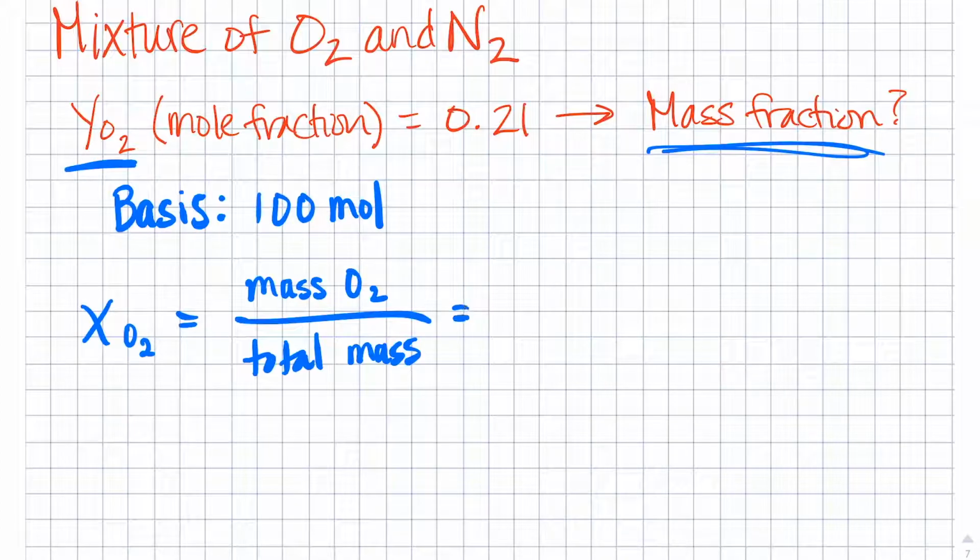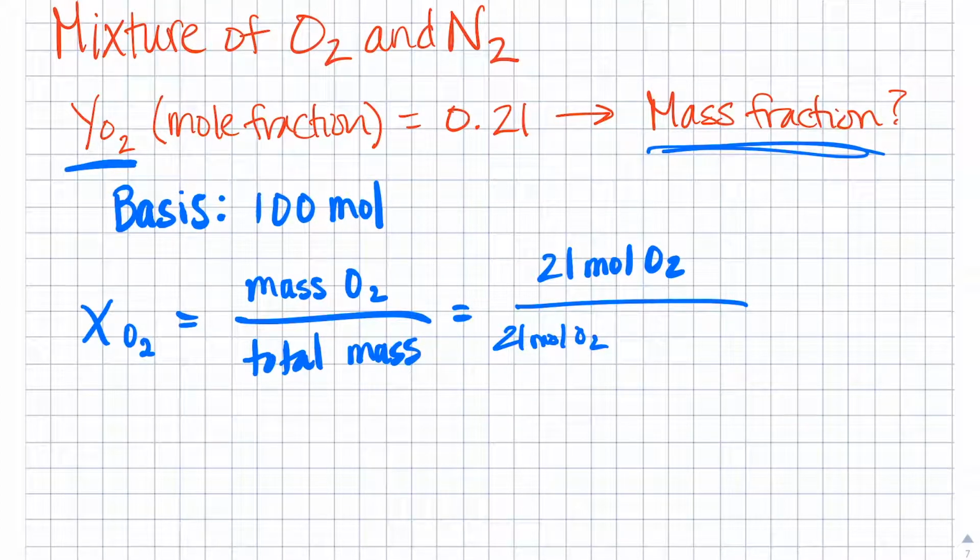So the mass of O2, well, okay, I'm doing it based on moles. So I know in this mixture of 100 moles, I have 21 of those moles of O2, right? And I know that down here I have 21 moles of O2. I'll be adding to that the 79 moles of N2, but notice this is moles over moles.